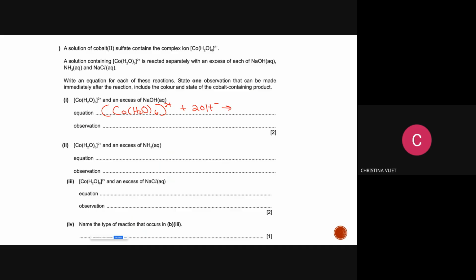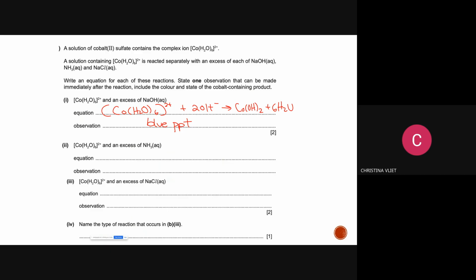And you're making cobalt hydroxide. And what is the color of cobalt hydroxide? It's a blue precipitate. 1 mark for the equation, 1 mark for the color.